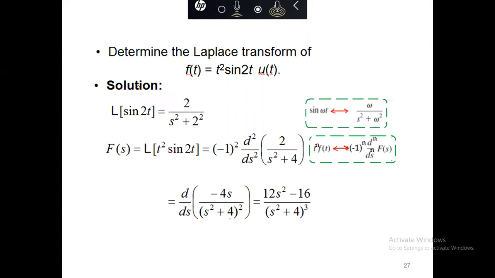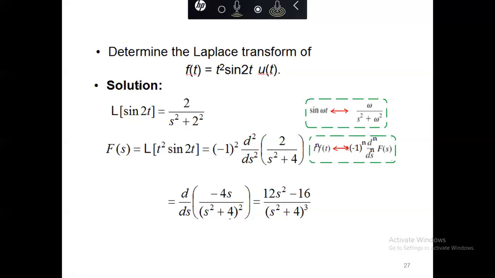For this, you know that sine omega t has the Laplace transform pair omega over s squared plus omega squared. And if the value of omega is 2, we have sine 2t paired with 2 over s squared plus 4, right?